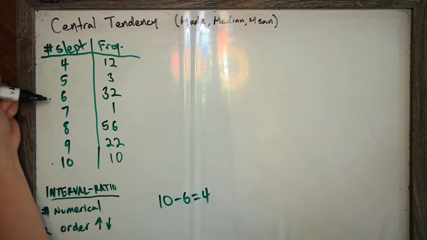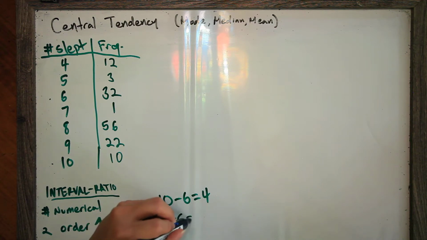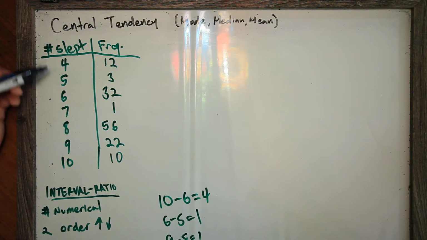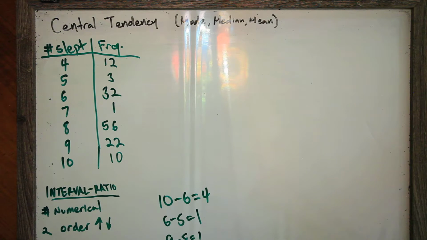And the difference between somebody who has 6 hours of sleep and 5 hours of sleep is exactly the same as the difference between somebody who gets 9 hours of sleep and 8 hours of sleep. That's 1 hour, right? The difference between each of these categories is exactly the same, and we can perform this simple math to prove it.